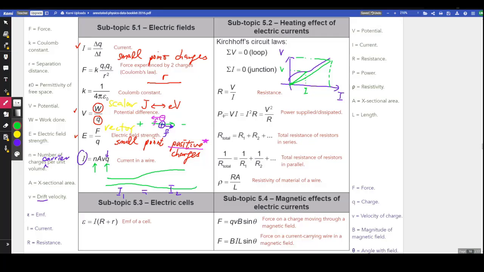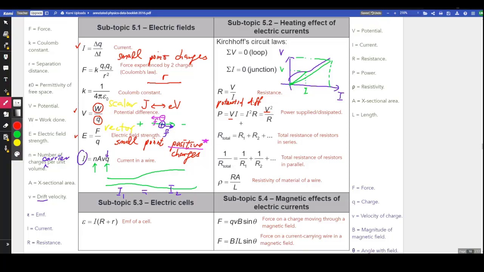Next up is the power for the circuit. I'm sure you all know how to use it, but again, one thing that people usually make mistakes on is the V. V is the potential difference. It's how much it drops, not how much you have in total, because sometimes in the circuit you may have voltage for the first component, second component, third component, and in total when they add up together it will be the EMF.